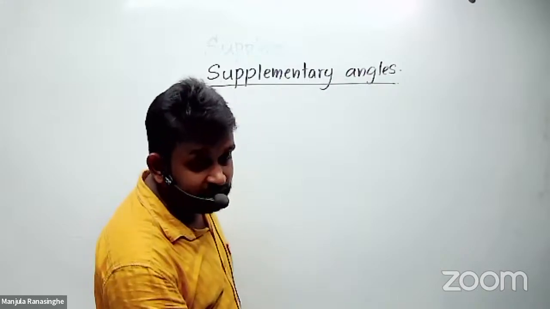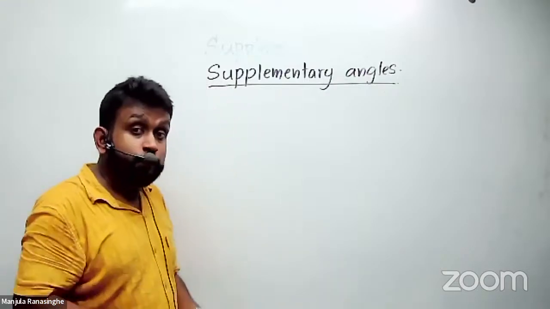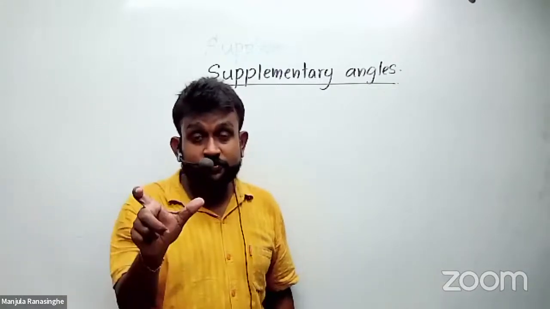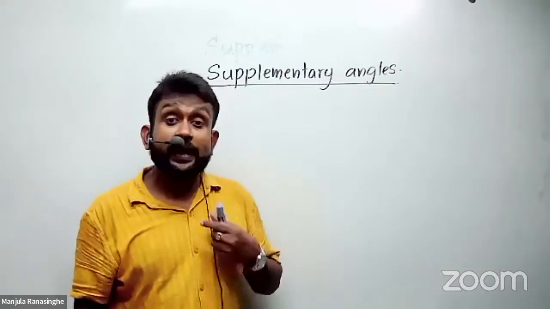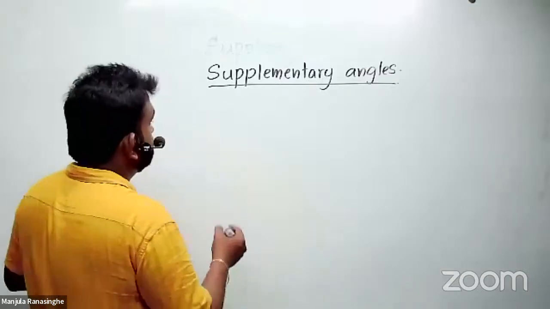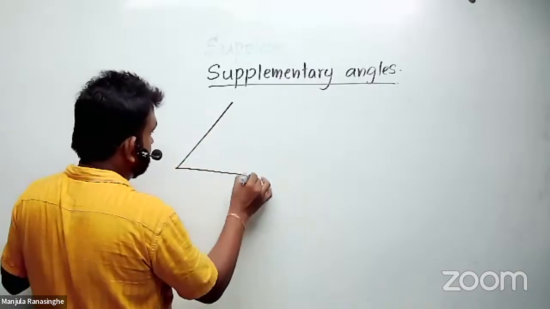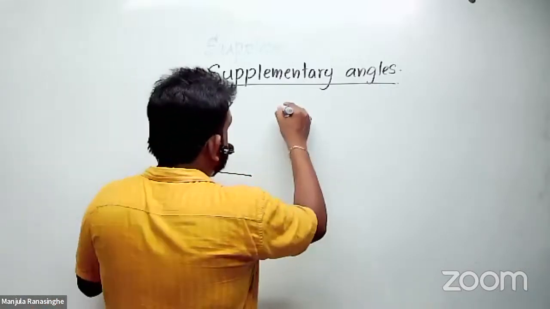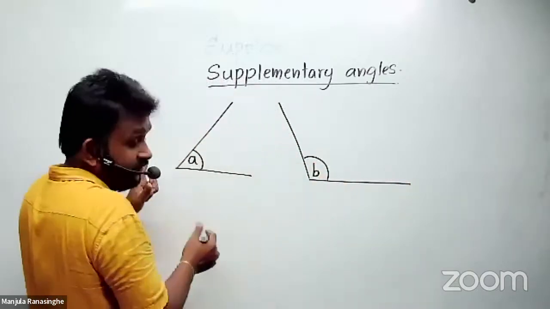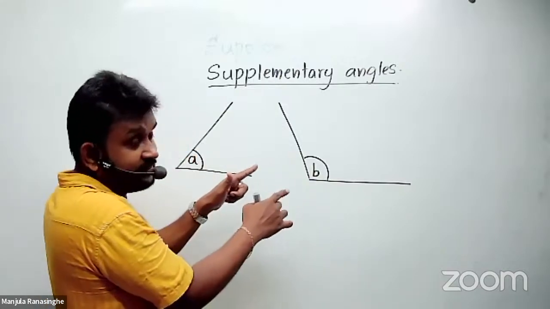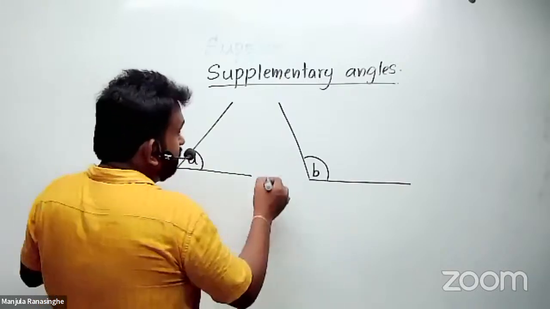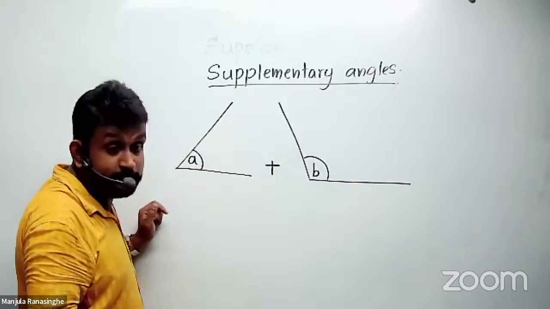It is similar to the previous one. Previously, the sum of the two angles became 90 degree, but here the sum of two angles becomes 180 degree. So imagine we have two angles here, A and another angle called B. If we combine these two and it creates 180 degree, exactly a straight angle, then we can say that these two angles are supplementary angles.